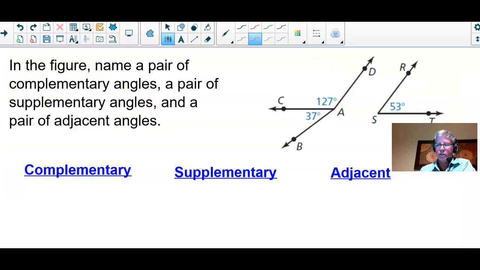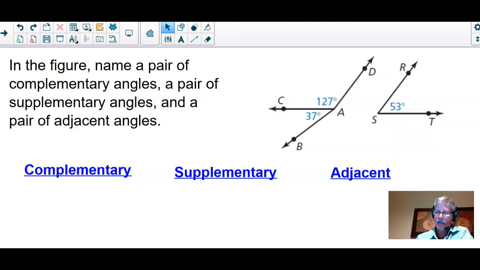All right, so you are walking through the woods and all of a sudden you see these really cool angles, and they ask you, do you see a pair of complementary angles? Do you see a pair of supplementary, and so forth? And tonight's homework will certainly address these sort of issues.